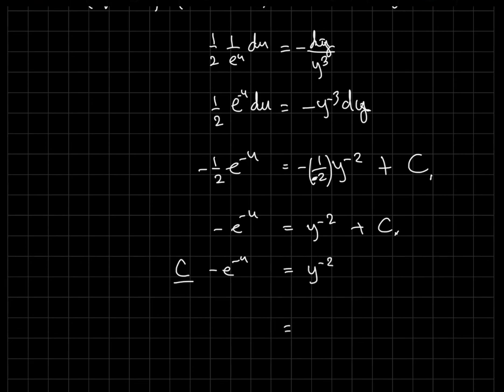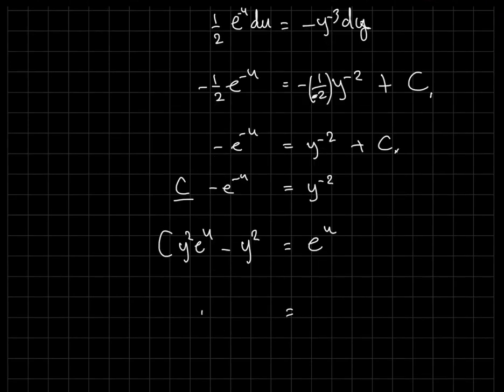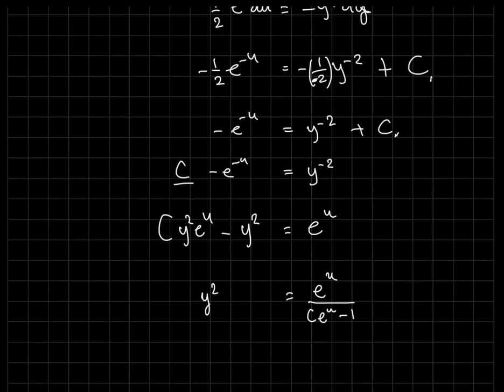And now what I can do is just multiply everything by y cubed e to the u, or rather y squared e to the u. And so what we have is c y squared e to the u minus y squared equals e to the u. And if I just want to isolate the y squared bit, I have e to the u over c e to the u minus 1.